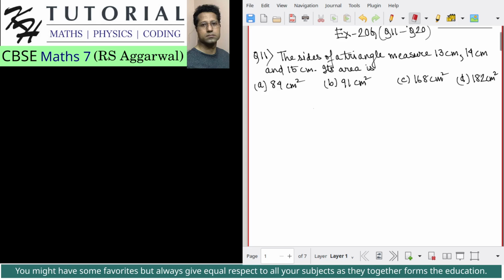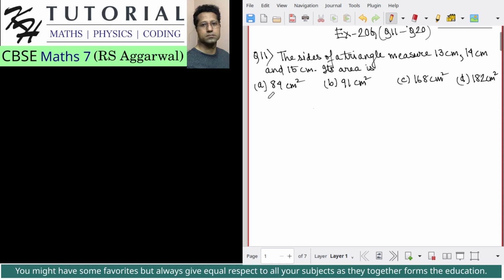Okay. So question number 11 says the sides of a triangle measure 13 centimeter, 14 centimeter and 15 centimeter. Its area is. So we know that when we are given the length of the sides of a triangle, to find its area we must apply the Heron's formula.